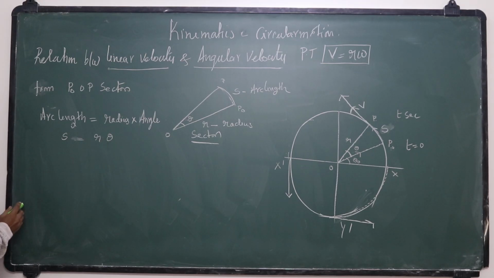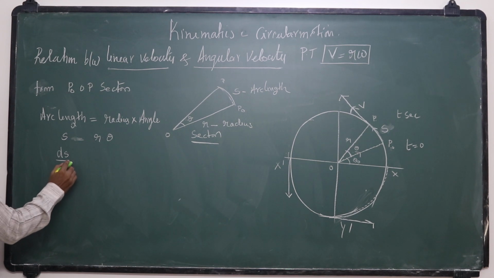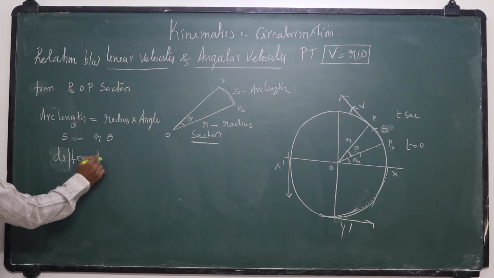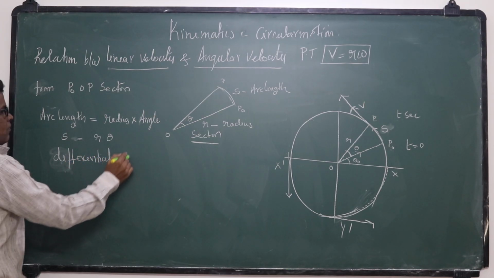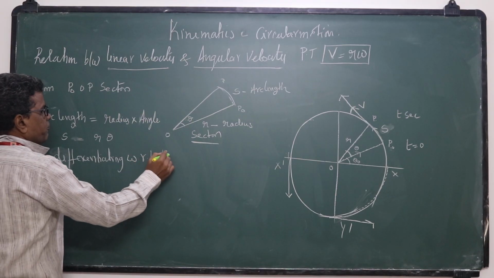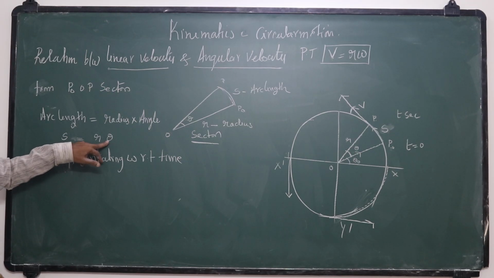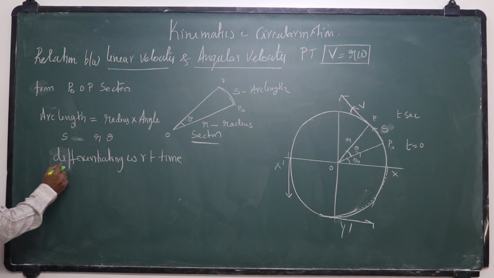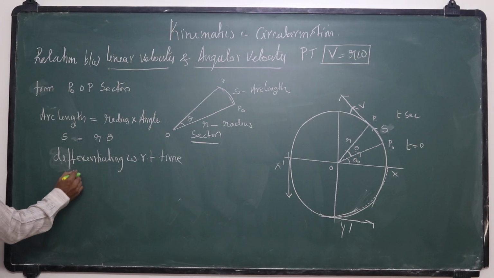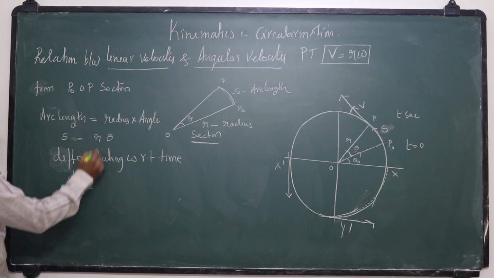If you differentiate this with respect to time, ds by dt is equal to, I am differentiating with respect to t. With respect to time, the displacement changes and the angular position changes, but the radius remains constant. ds by dt, the rate of change of displacement, becomes velocity.